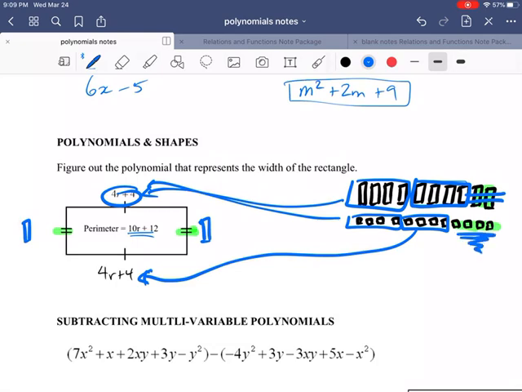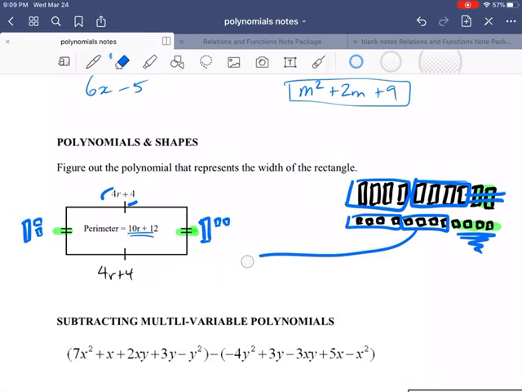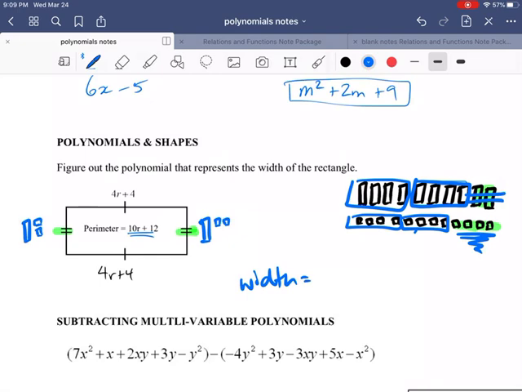We have to distribute these 4, so 2 go here, and 2 go here. And we've accounted for all our r's, the rectangles, and all our 1s. If you count them up, we have a total of 10r plus 12, and they're all representing the perimeter. So the width, in fact, is r plus 2.